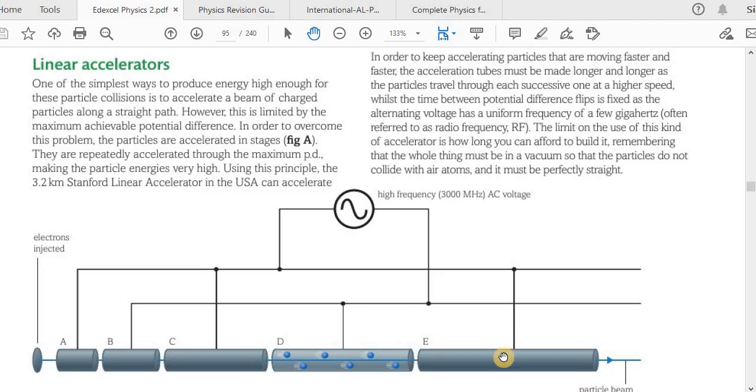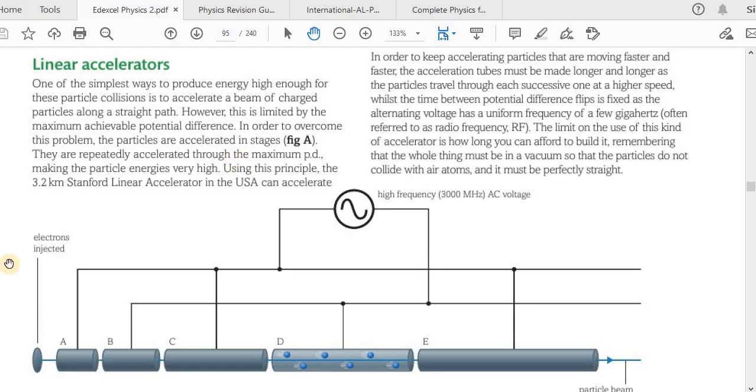Now in this case, you can see they are electrons, but it may even be some other particle. We will see it depending on the accelerator and what they want to find, but basically it's easier to explain with the electron. And remember, the amount of energy is equal to the charge times the potential difference.